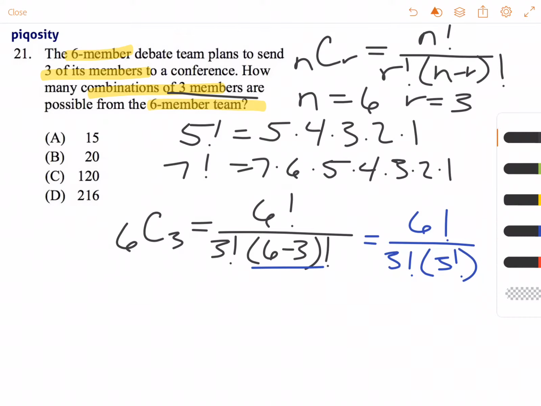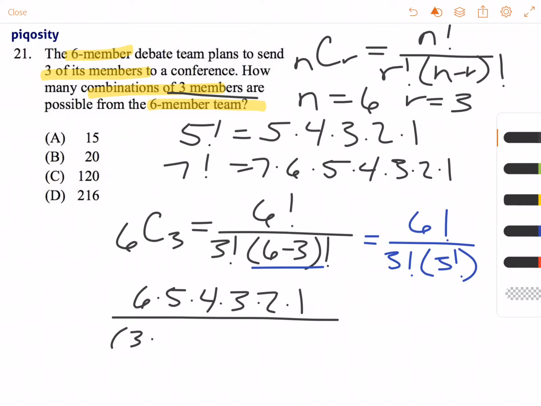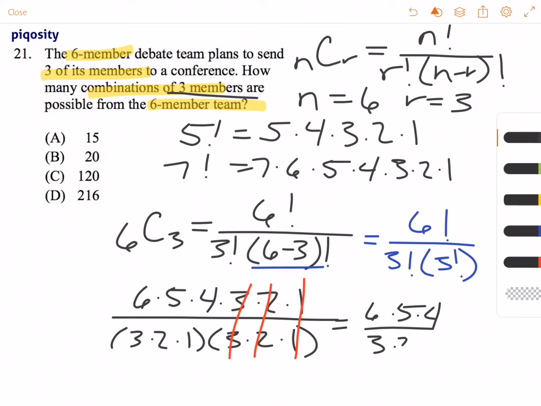Now if we write this out before doing any math, we have 6 times 5 times 4 times 3 times 2 times 1 over 3 times 2 times 1 times 3 times 2 times 1. The nice thing is you can go ahead and just eliminate these, and you're left with 6 times 5 times 4 over 3 times 2 times 1.